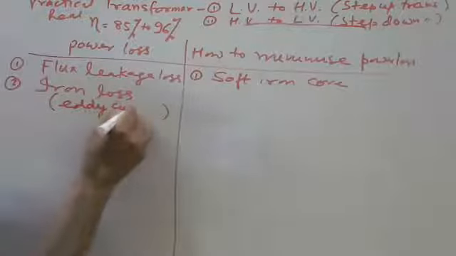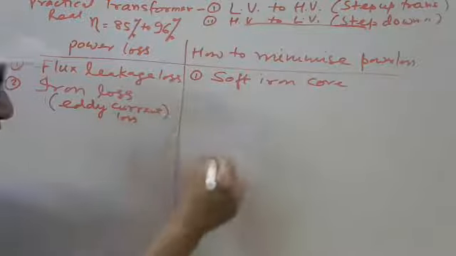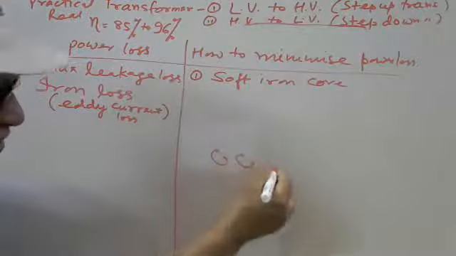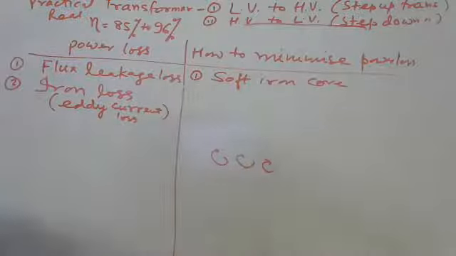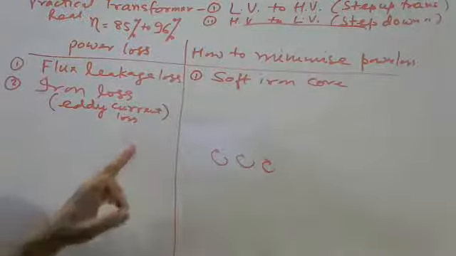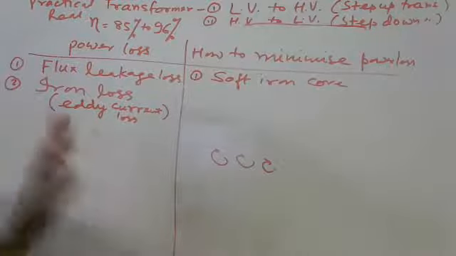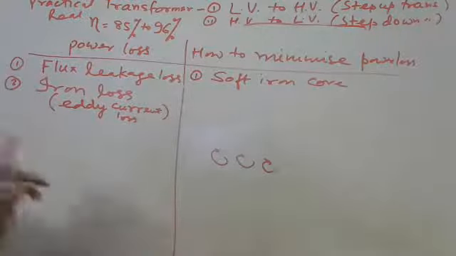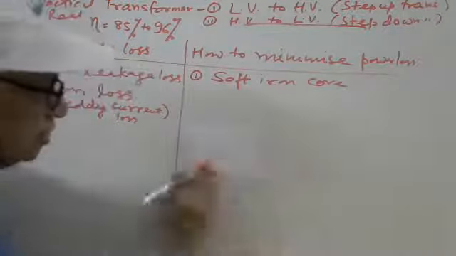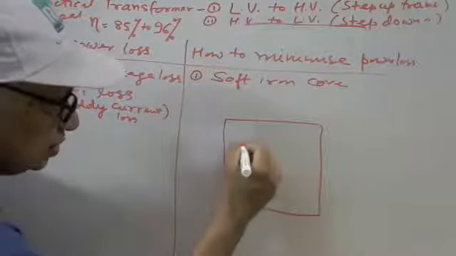What is eddy current loss? Eddy currents are small loops of very high current, because iron is a conductor, and in a conductor resistance is very low. If voltage changes, current develops here, and that is induced current. It should be very high because resistance is very low. It means whenever we are using a solid iron core like this.